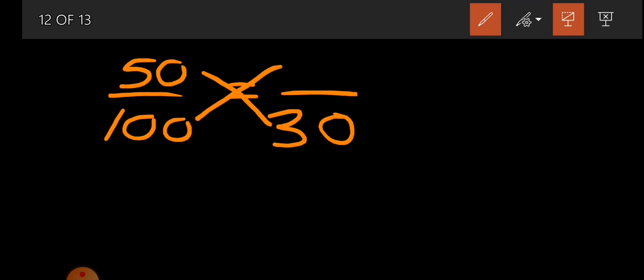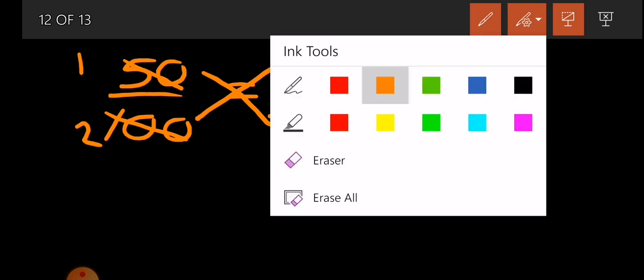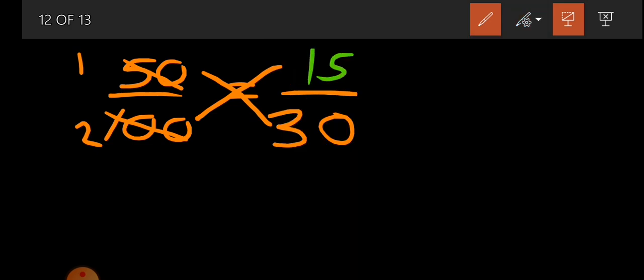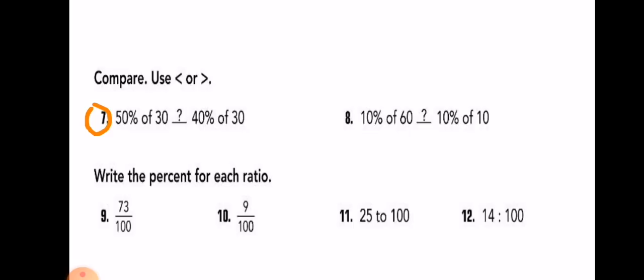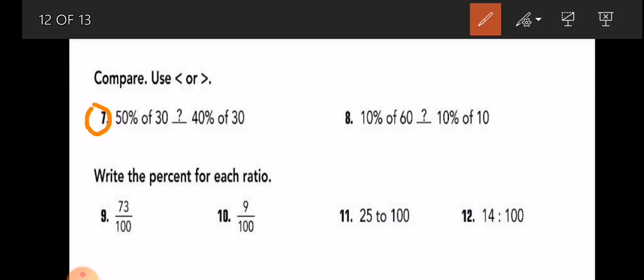So 50 and 100 can be simplified. Divide by 50 and divide by 50. So now 1 times 30 is 30, divided by 2 will give me 15. So 50 out of 100 is the same as 15 out of 30, because 15 is also half of the 30. So here it's 15, the first part.